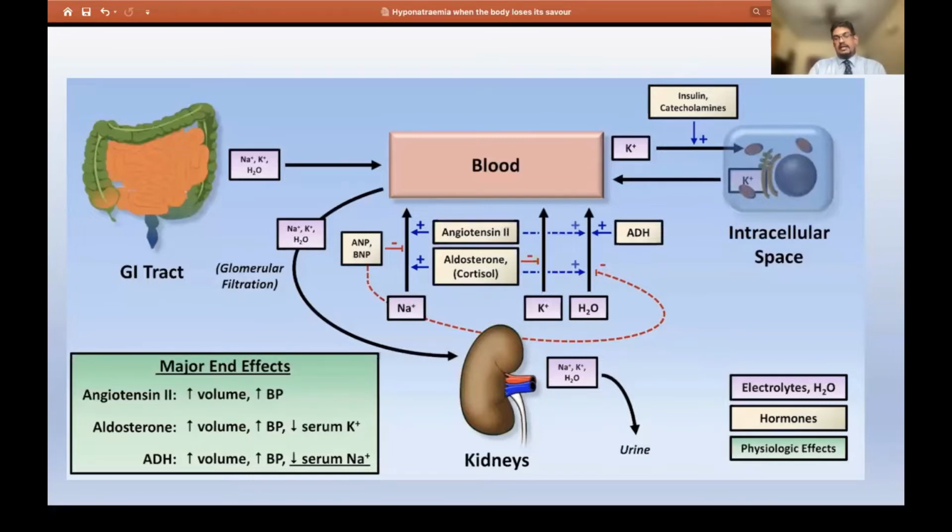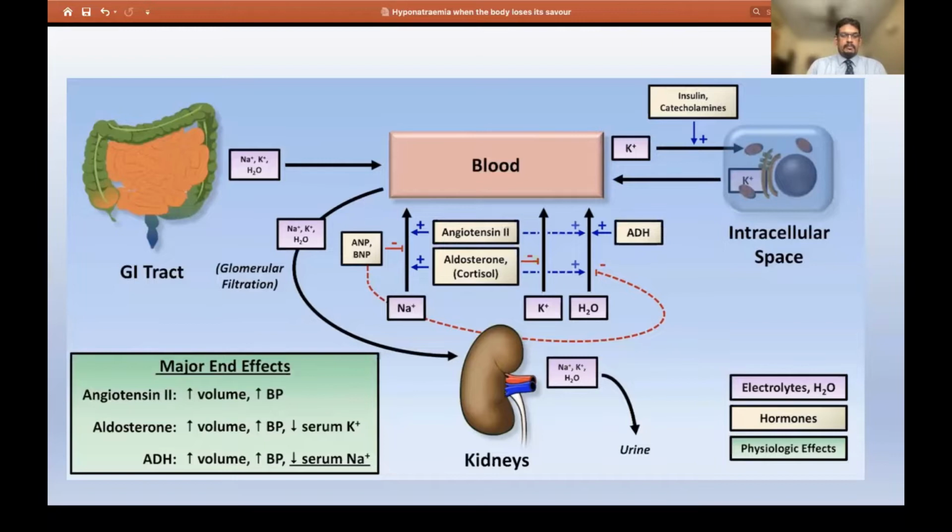Then we had the anti-diuretic hormone ADH system coming in, and the natriuretic peptides, the atrial and the brain natriuretic peptides. If you look into this picture, you see that the concentration of salt as well as the electrolytes and water is delicately balanced by these hormones.